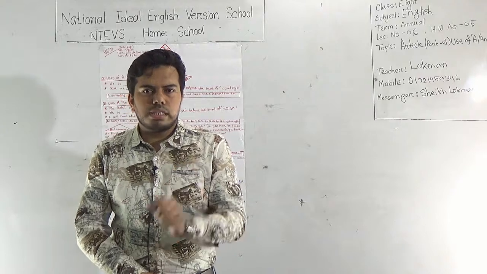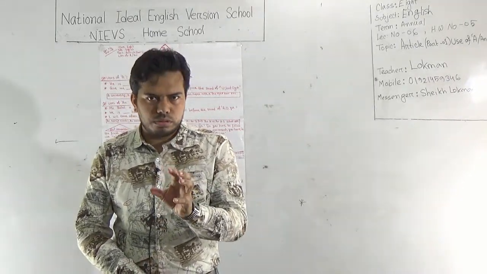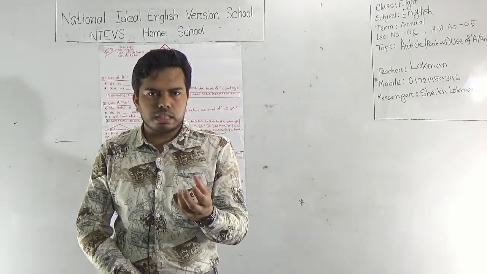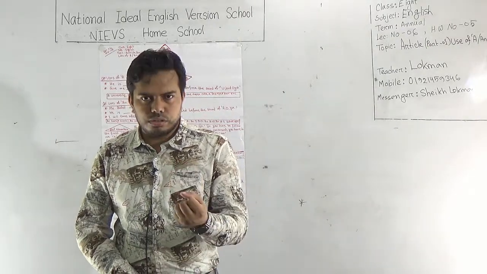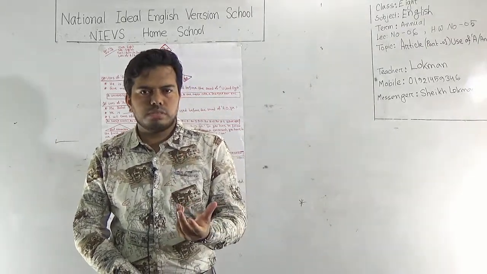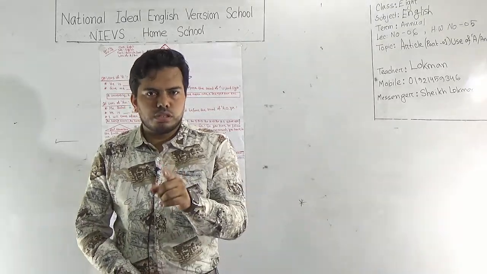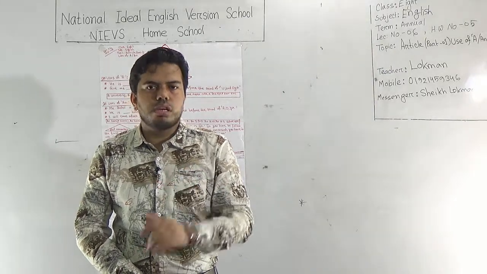The very easy short technique is you should give emphasis on sound. Just pronounce the word. If the sound is like a vowel, then use an before the word. But if the sound is like a consonant sound, then you should use a before the word. But remember, you must use a or an before a singular noun.